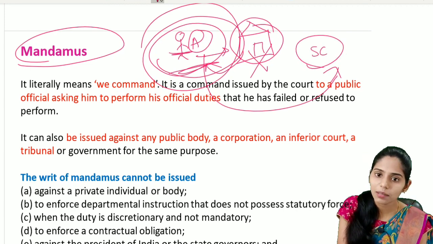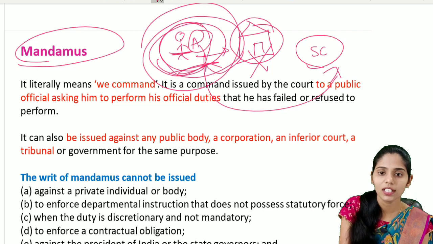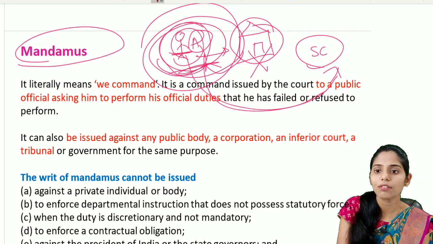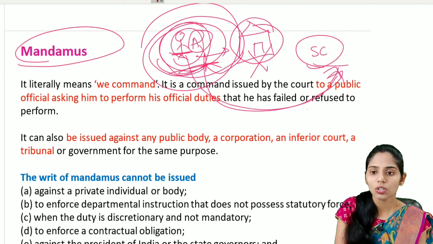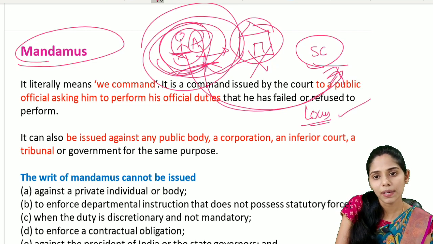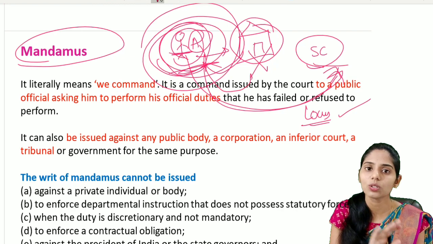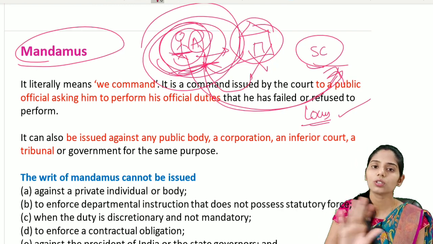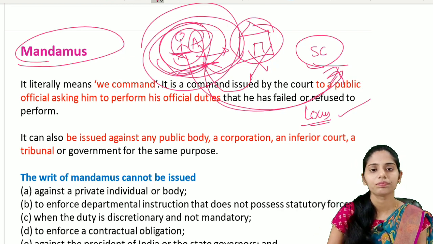In this case, the fundamental right of this person is violated, so this person only has to move the Supreme Court. In this context, locus standi will apply, and it is applicable only to public authorities, not to private individuals. So this is about simply mandamus.